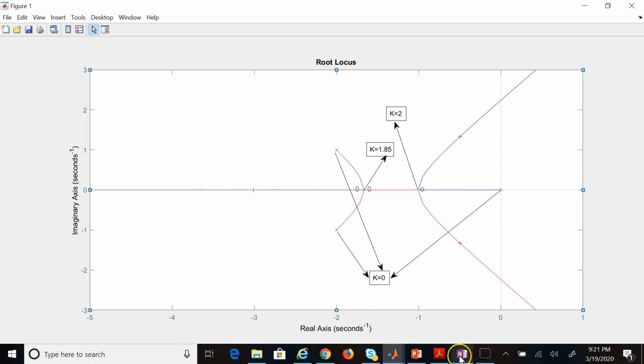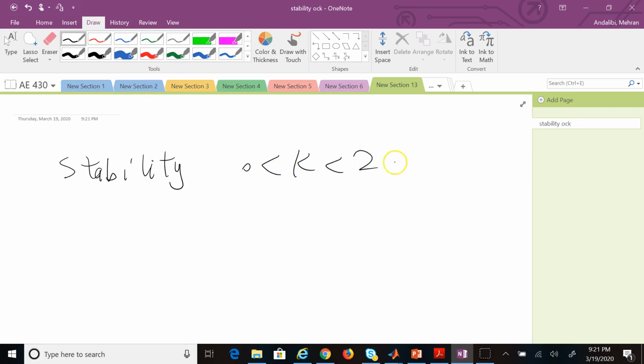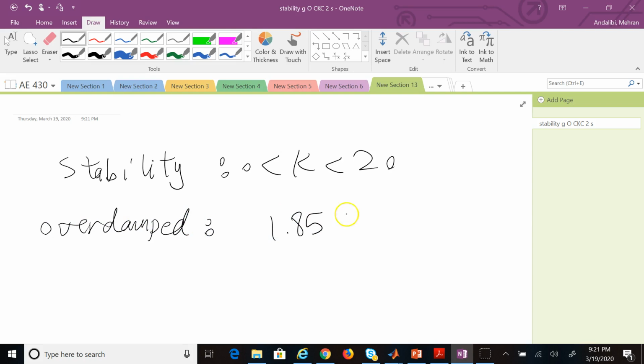So the answer, if we want to put everything together for this example: for stability, K ought to be between 0 and 20. For overdamped behavior, K has to be between 1.85 and 2.